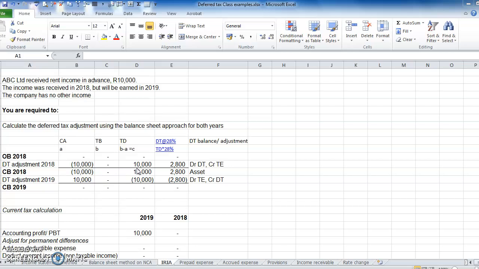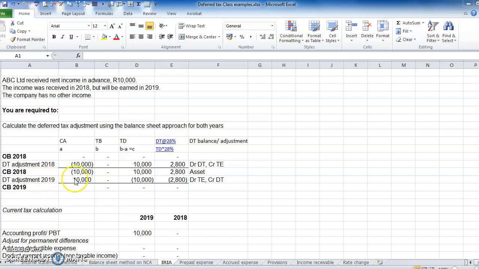So in 2018, we calculate our deferred tax adjustment as the closing balance minus the opening balance. Our deferred tax adjustment is 2,800, and the journal we process is debit deferred tax, credit tax expense.